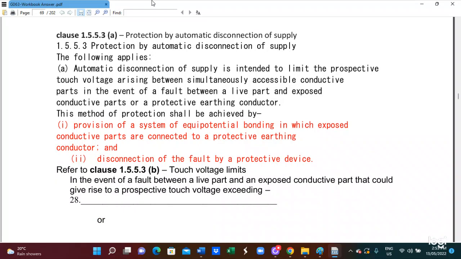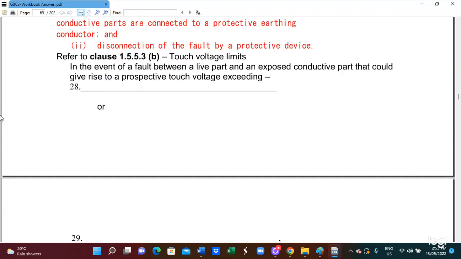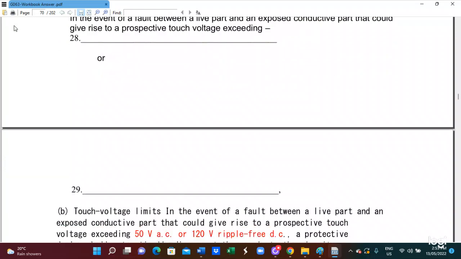Provision of the system of equipotential bonding, in which the exposed conductive parts are connected to protective earth. So this is the definition of automatic protection. Also clause 1.5.5.3 mentions the touch voltage limit.